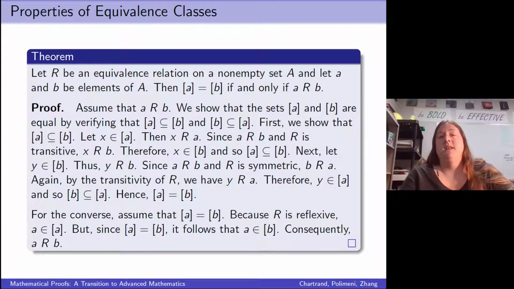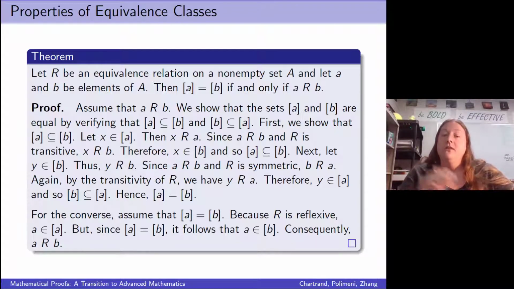Now, since y is related to b and b is related to a, I use transitivity again, and I find that y is related to a. Therefore, y is in the equivalence class of a. So we have both subset inclusions, thus proving that the equivalence class of a equals the equivalence class of b.